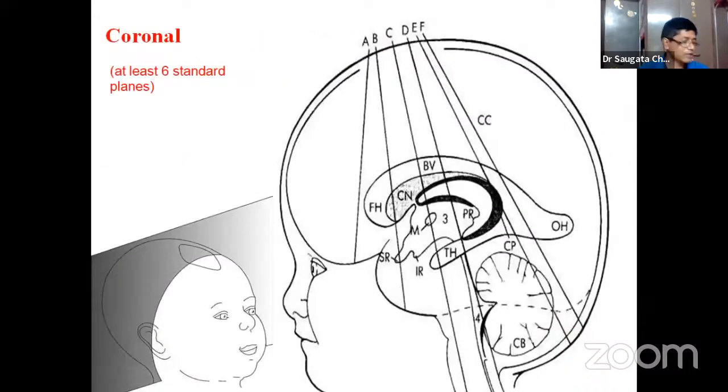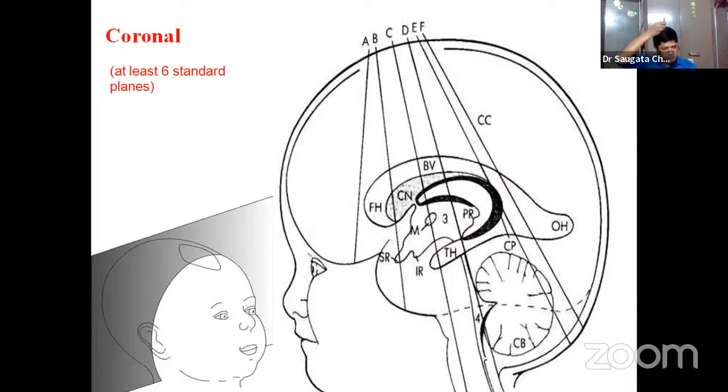So these are the coronal views. Whatever we are using, with the anterior fontanelle you keep the probe fixed, and the indicator should be towards the right side.